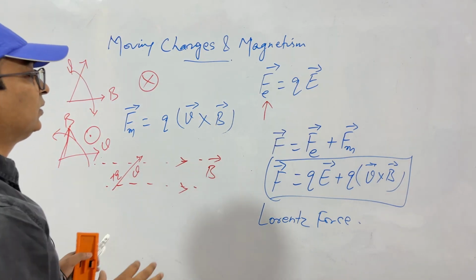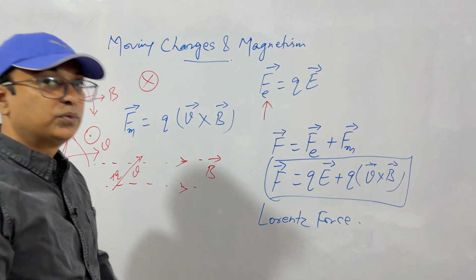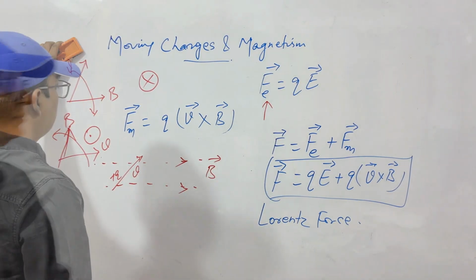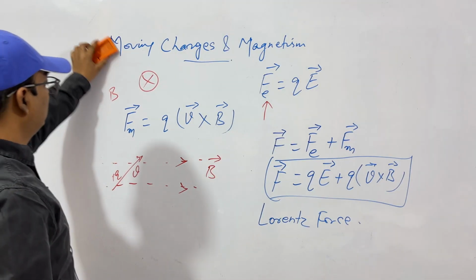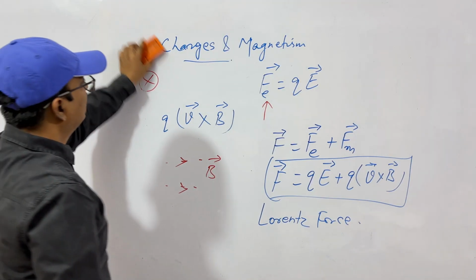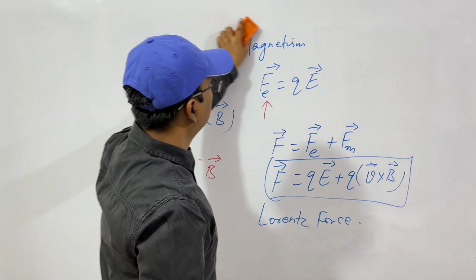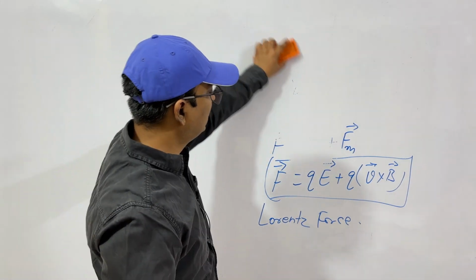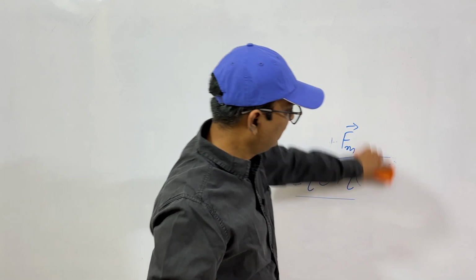Okay, so this is the Lorentz force and this is the direction of the force experienced by a charge due to electric and magnetic field. Now, we know that the electric field obeys the law of superposition. That is, if we have several electric fields, E1, E2, E3, E4, they are added.